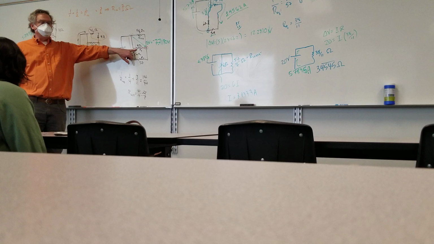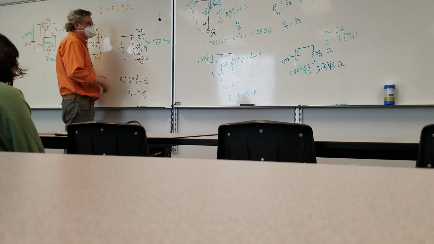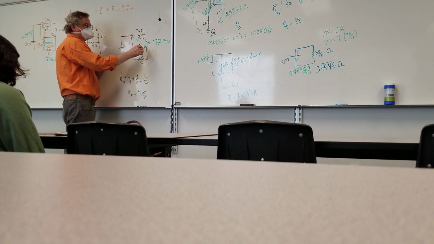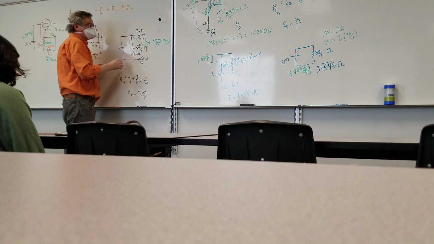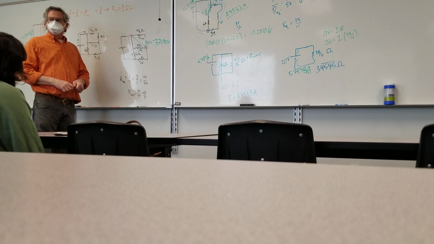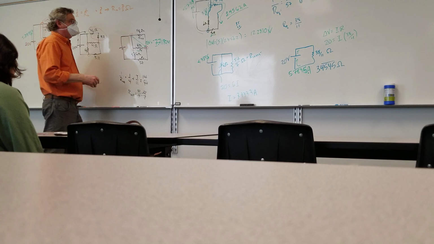So I can now find the current flowing across the 4 ohm, because it doesn't matter which path I take, it's the same potential drop. So going across here, I got that drop, I got that resistance, I can find the current flowing across the 4 ohm using Ohm's law yet again.